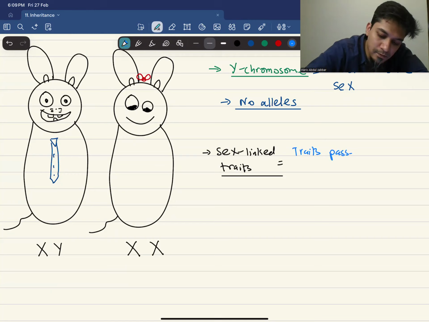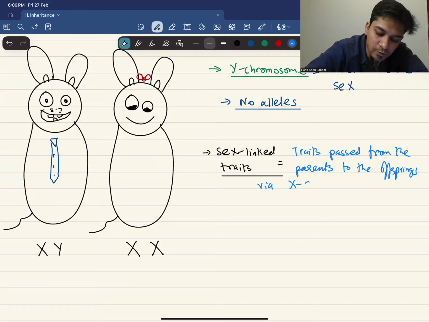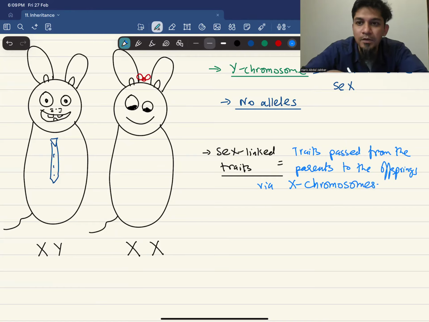Traits passed from the parents to the offsprings via कौन सा वाला chromosome? X chromosomes. ठीक है?